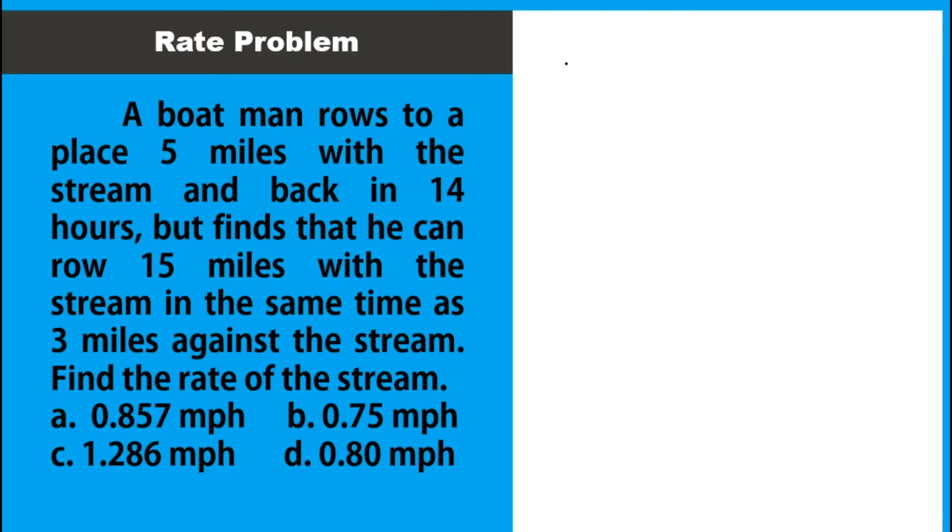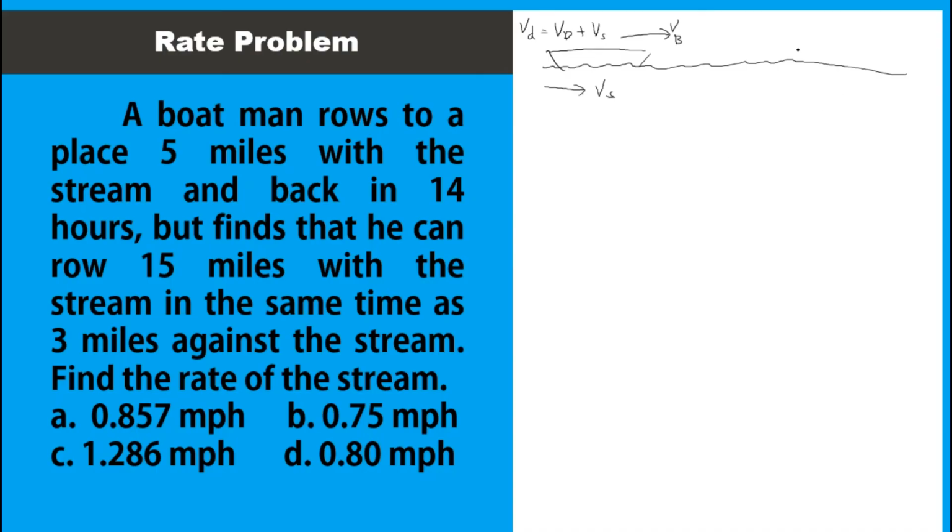We can have this diagram. If the boat travels downstream, it is traveling with the stream, so this is the velocity of the stream and this is the velocity of the boat. The velocity downstream is equal to the velocity of the boat plus the velocity of the stream, since it is in the same direction.